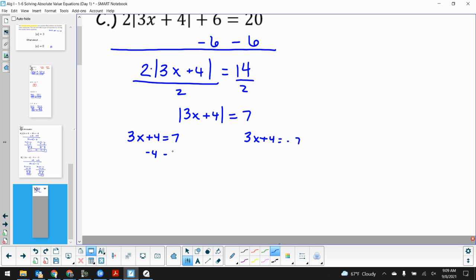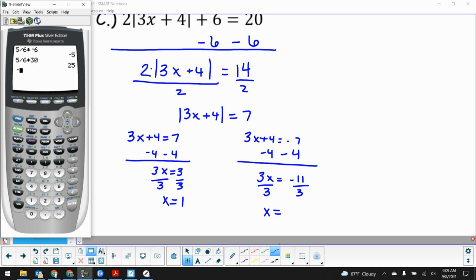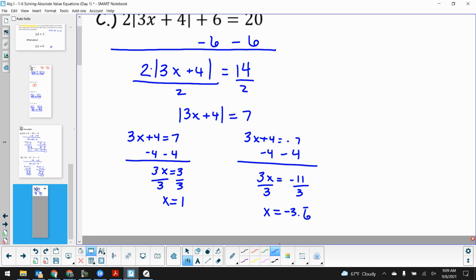We subtract the 4 from both sides, divide by 3 from both sides, get 1. Subtract the 4 from both sides, divide by 3 from both sides. Okay, that's a decimal. Negative 11 thirds is negative 3.6 repeating. And those are my two solutions.